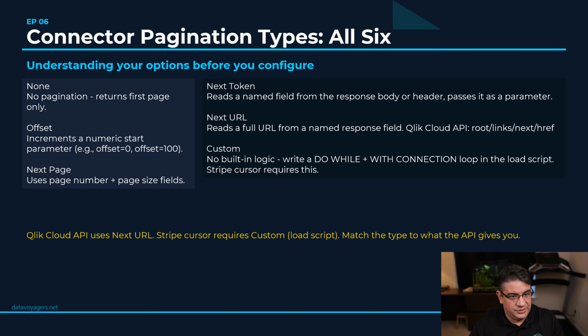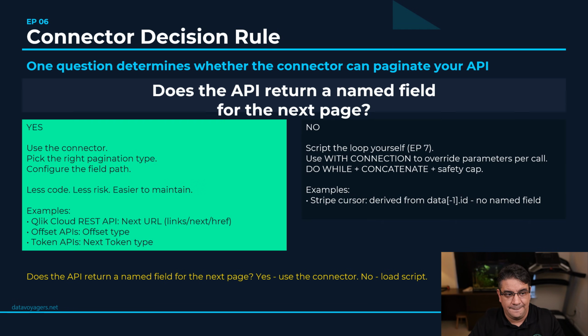Let's go back to the slides. Okay. So how do you know which one to use? How do I know if I can use the data connection or I have to implement it in the load script? Again, always try to do the pagination in the data connection.